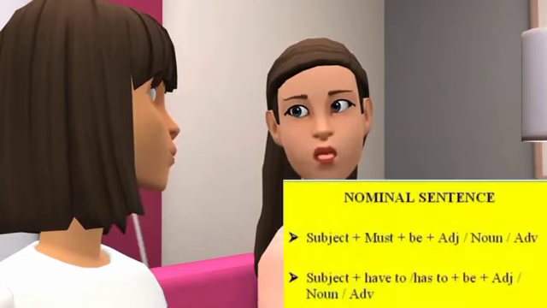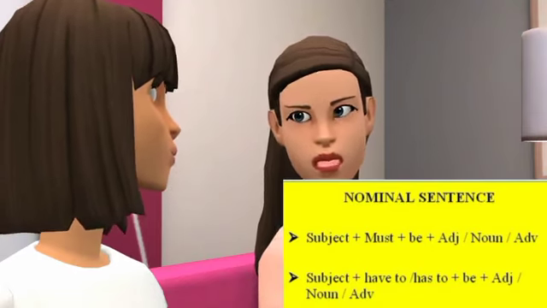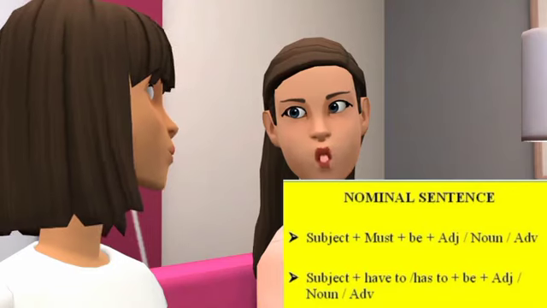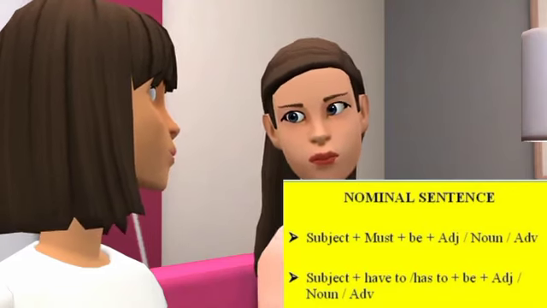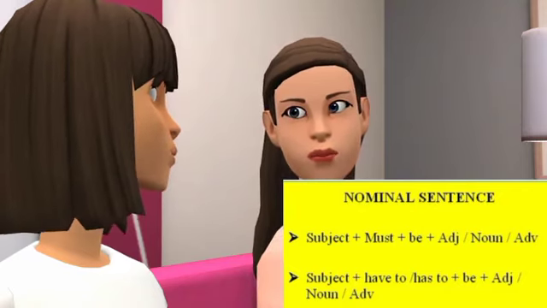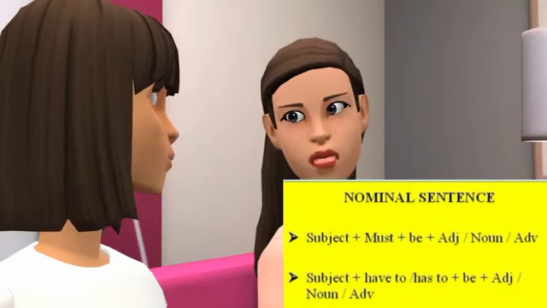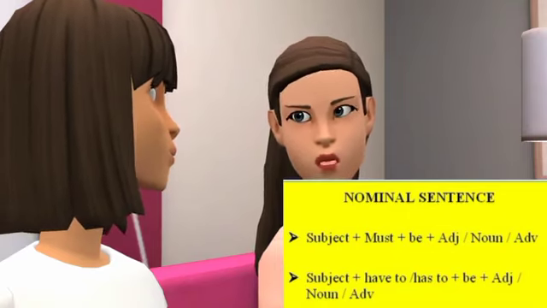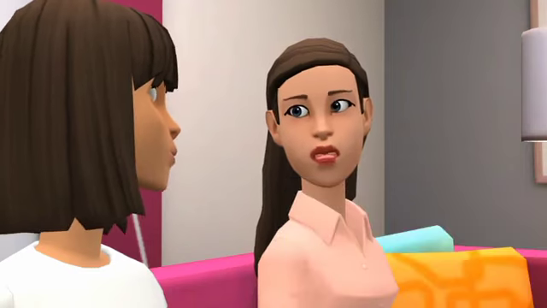For nominal sentences, we use subject plus must plus be plus adjective or noun or adverb. And we use subject plus have to or has to plus be plus adjective or noun or adverb. So remember to put be in a nominal sentence.